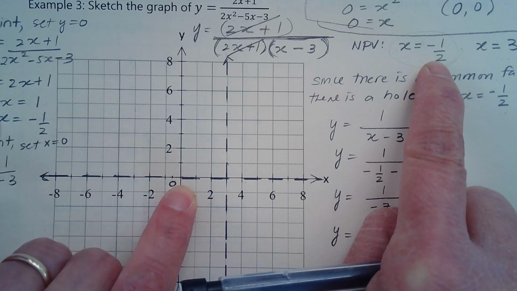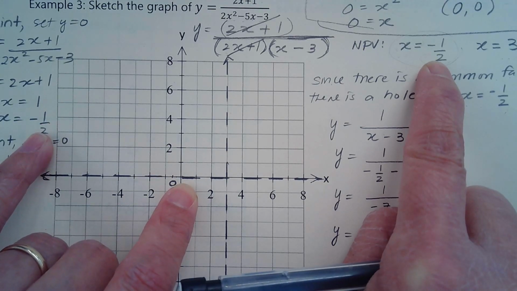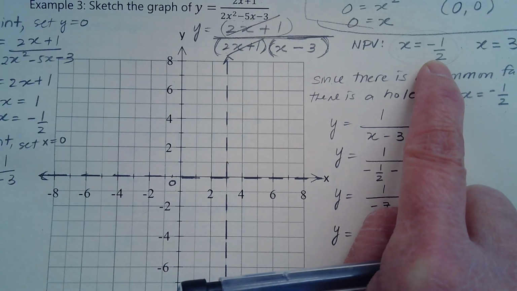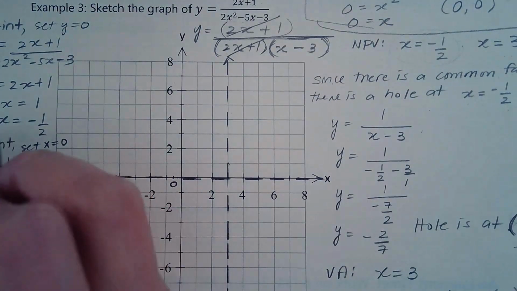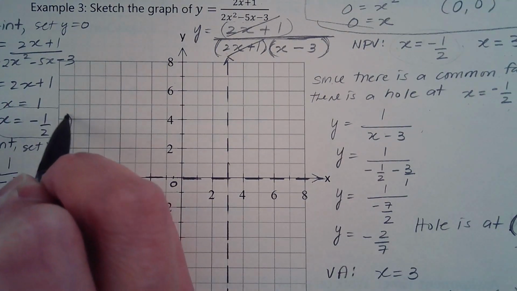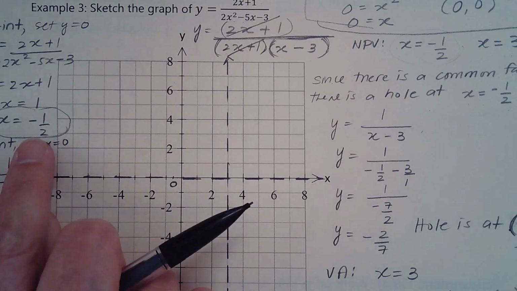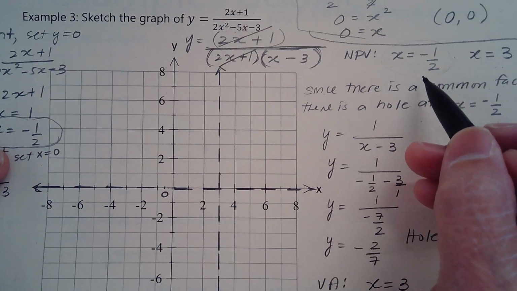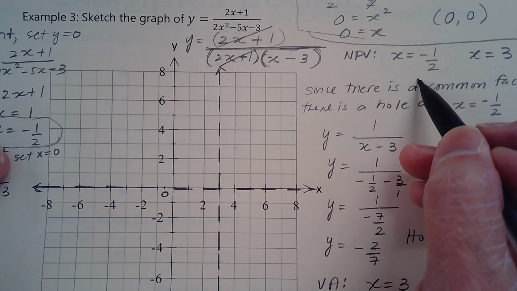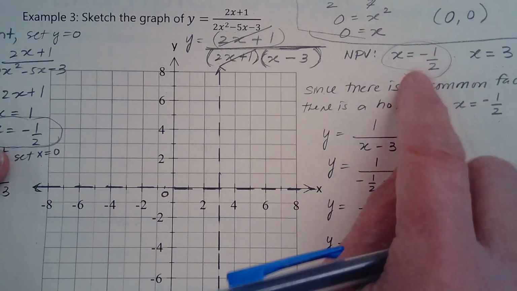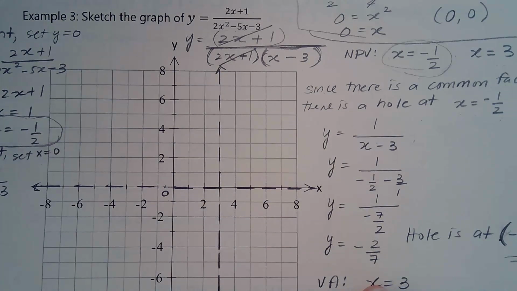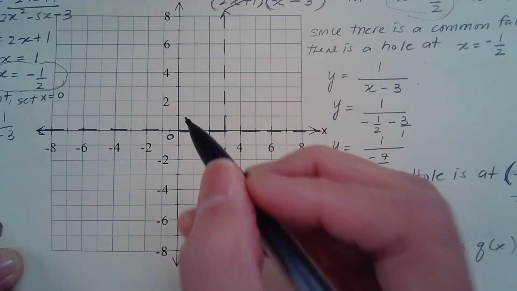So really, this x-intercept is not supposed to be there. When we calculated the x-intercept, it's negative 1/2. But then you look at this one, negative 1/2 is not allowed. So that means this x-intercept is not the real x-intercept. So that's not going to happen.